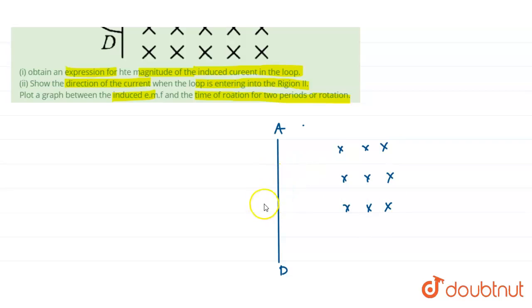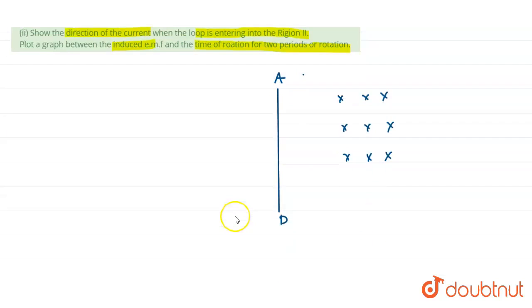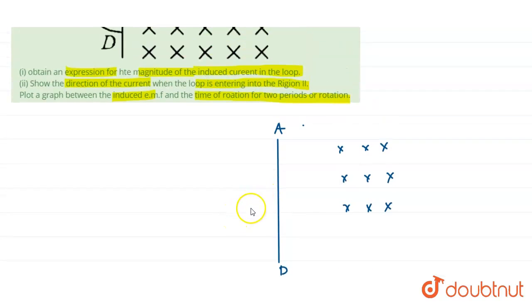First of all the semicircular ring is placed as in the figure. When it starts rotating, let this be the position. This is the semicircular ring when it rotates. This is the radius, center O, and this is also a radius.